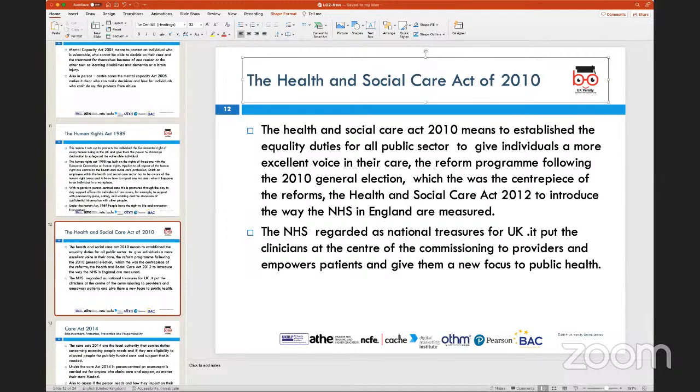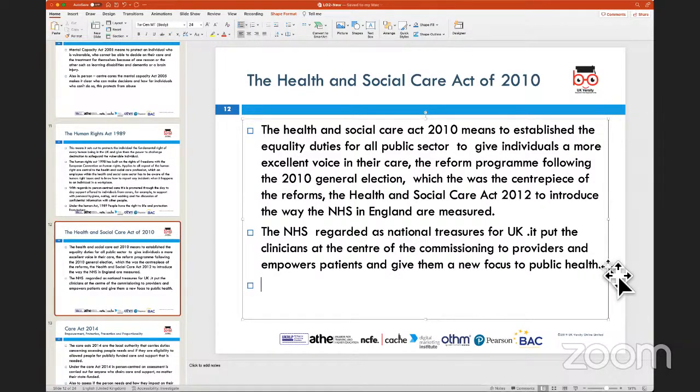One of the other signature things with this act was that it also included patient involvement in the process of providing feedback.